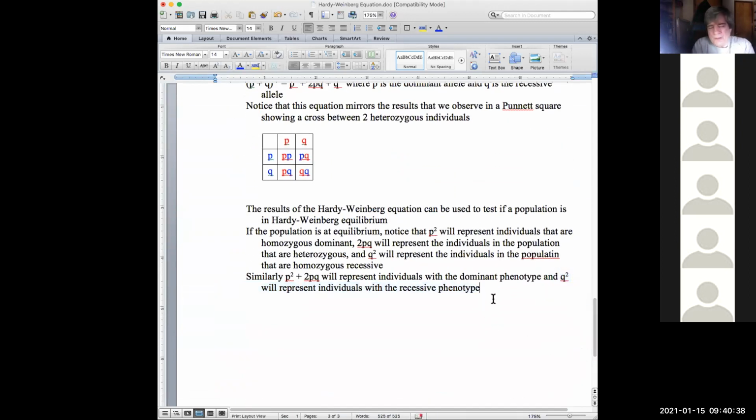And notice we can figure out lots of other things. Suppose I asked you what frequency of the mice in this population have at least one recessive allele. So think about who has a recessive allele.